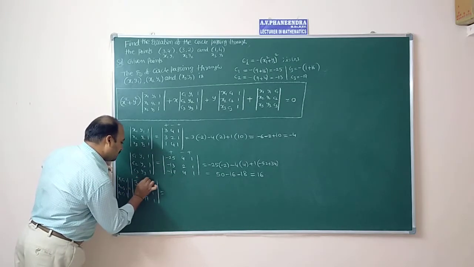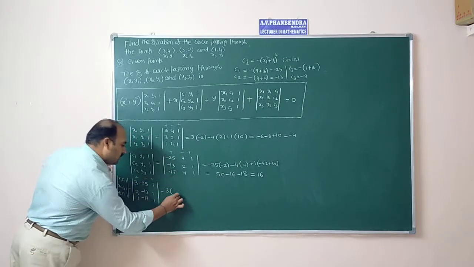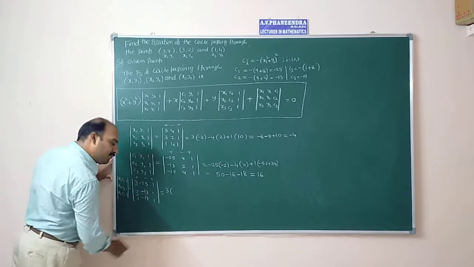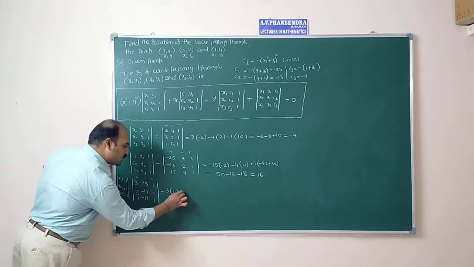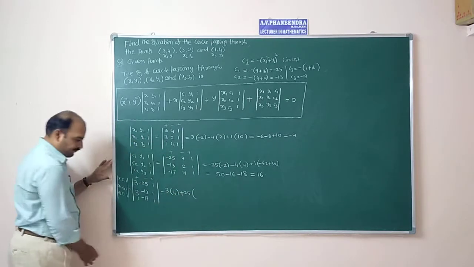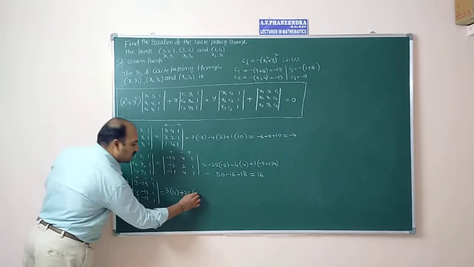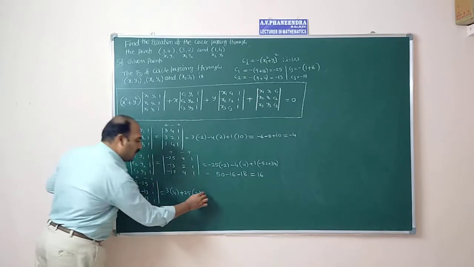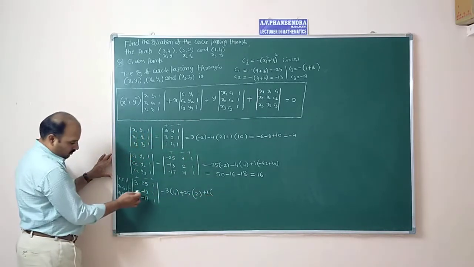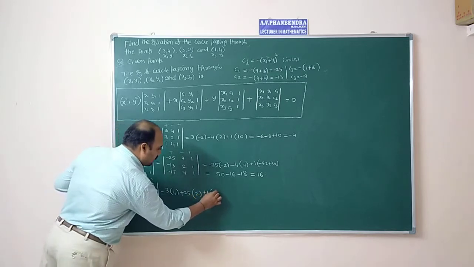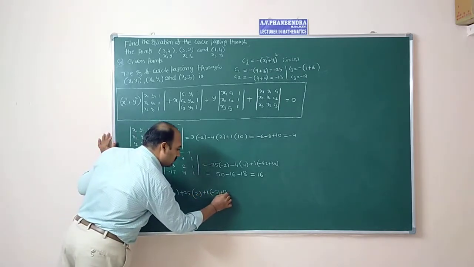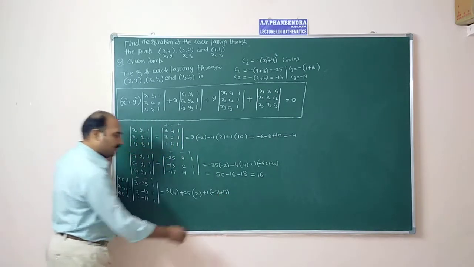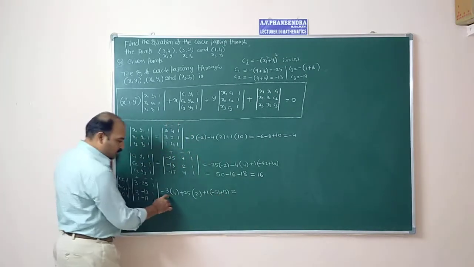Now plus, minus, plus: 3 into (minus 13 plus 17), which is equal to 4, minus of minus 25 into (3 minus 1), that is 2, plus 1 into (minus 51 plus 13), which is equal to 12.